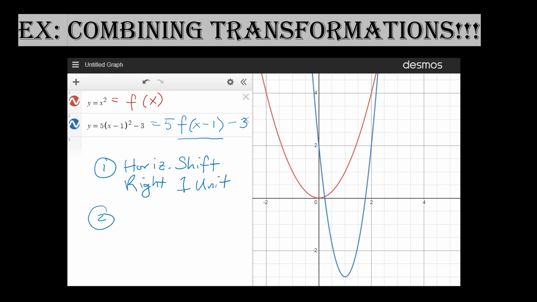And then after that, I usually like thinking about, well, what impacts the function first? So order of operations tells us that we're going to multiply before we add or subtract. So we're going to have the vertical stretch.